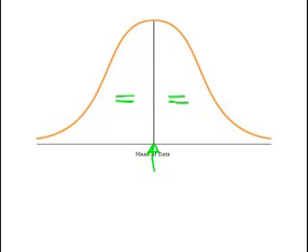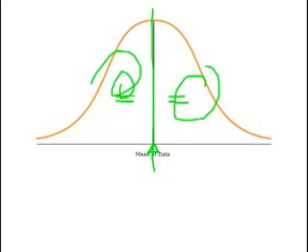In other words, if I folded this curve right down in the middle, this half over here and this half over here would be mirror images.